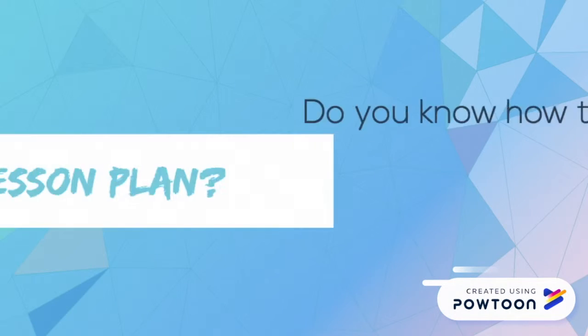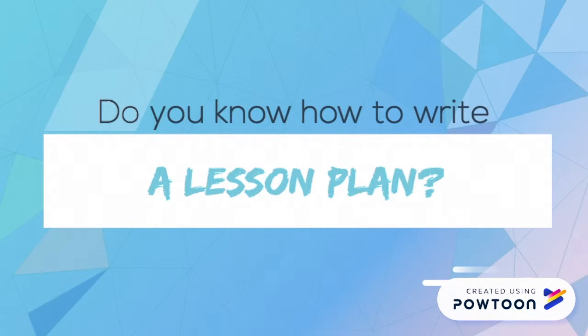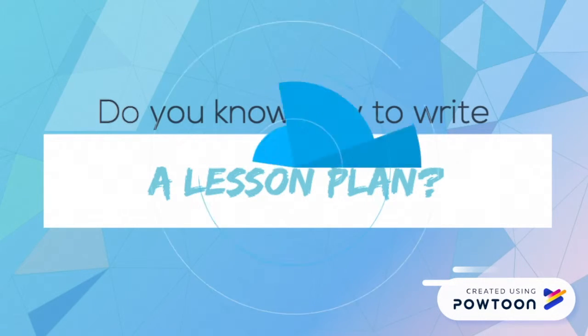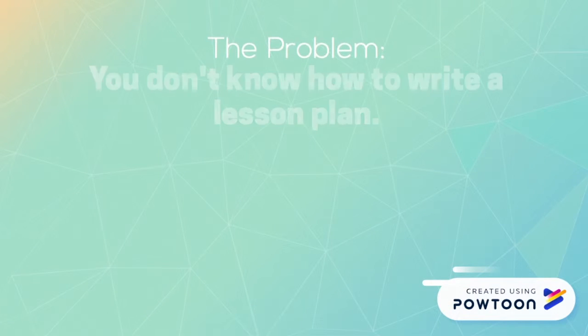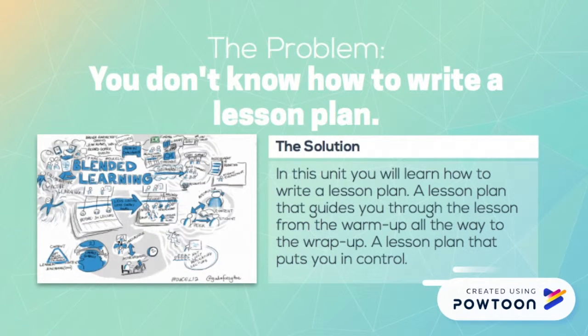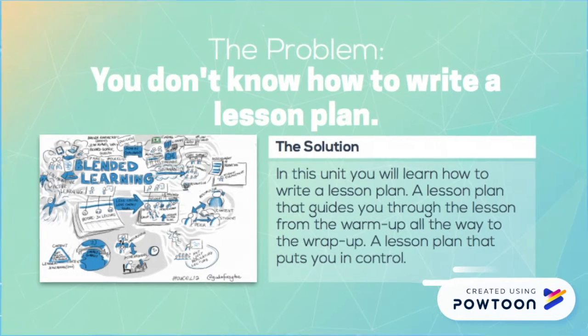This is unit 1, and in this unit you will learn how to write a lesson plan. You know the problem, you don't know how to write a lesson plan, and I will teach you what to do.